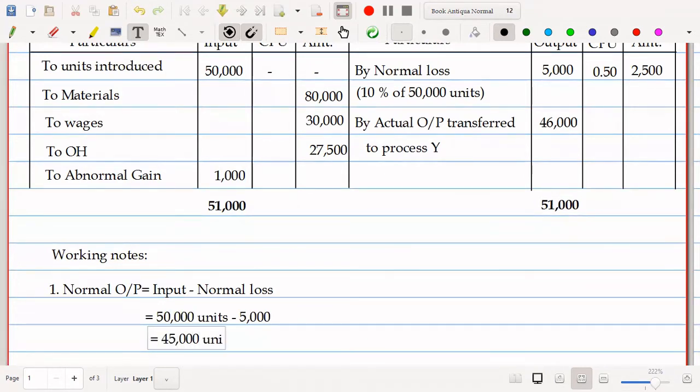So this is the normal output. Now let's go for CPU. I'll do it here itself. Second one, CPU. CPU is equal to total expenses minus scrap value divided by normal output.